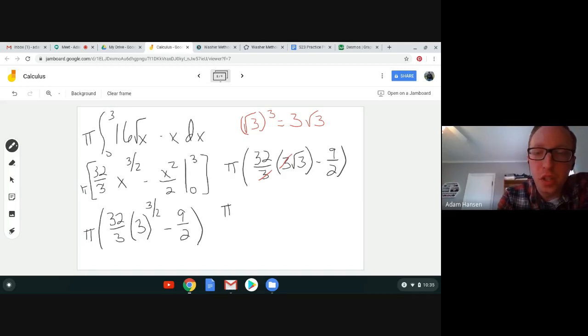Pi, let's see, that's 32 square root of 3, but I'll find a common denominator. 64 square root of 3 over 2 minus 9 halves.